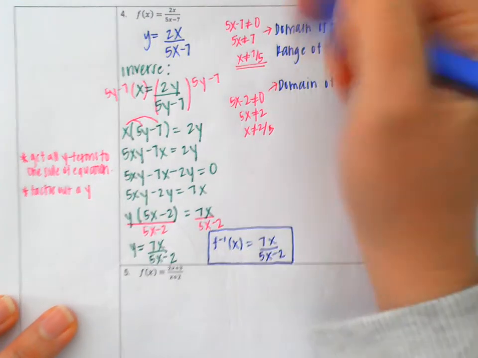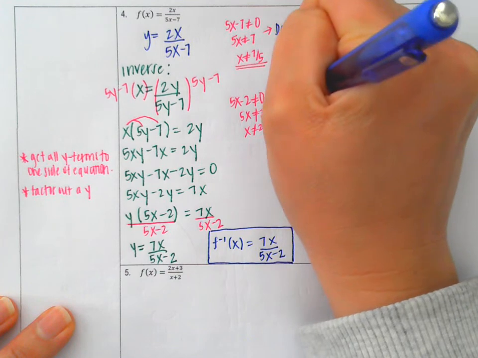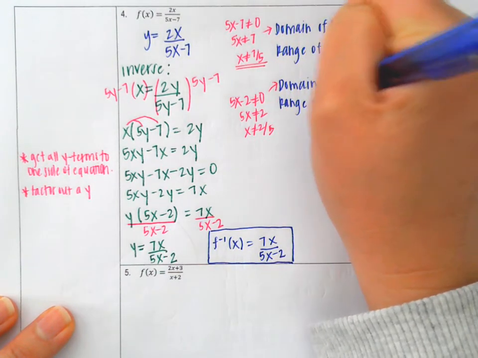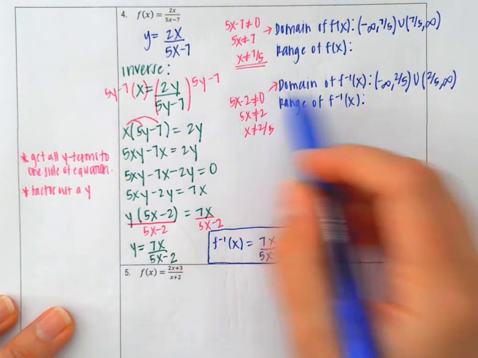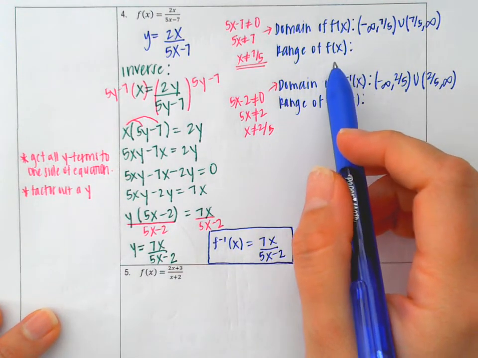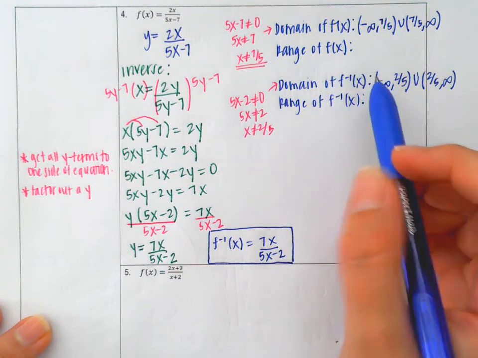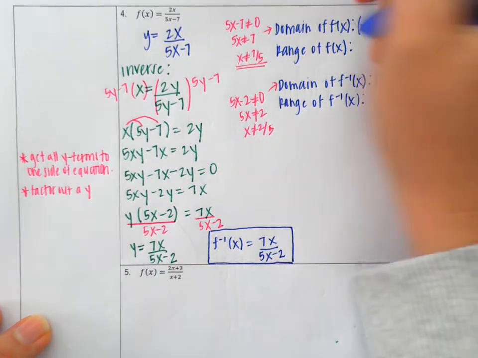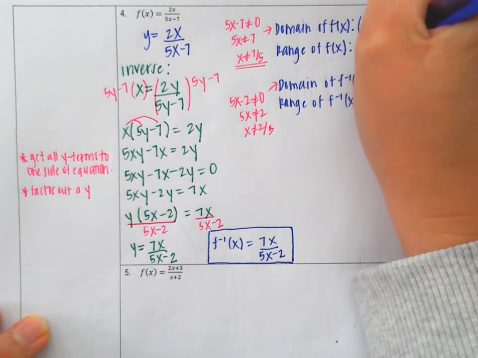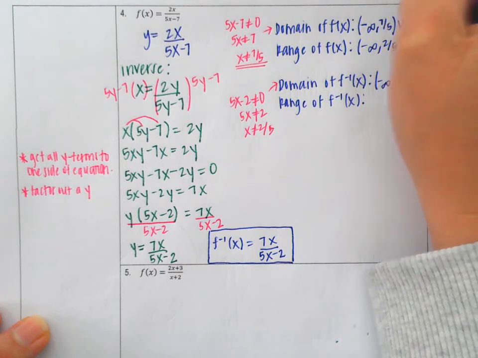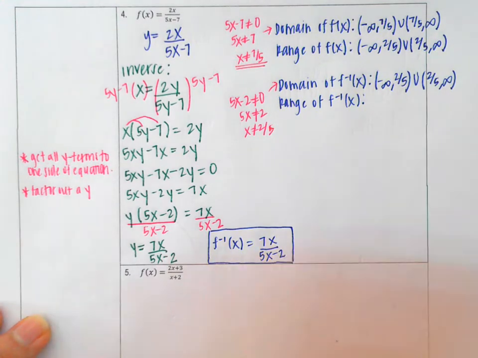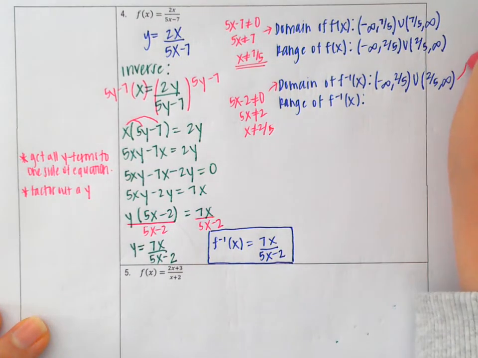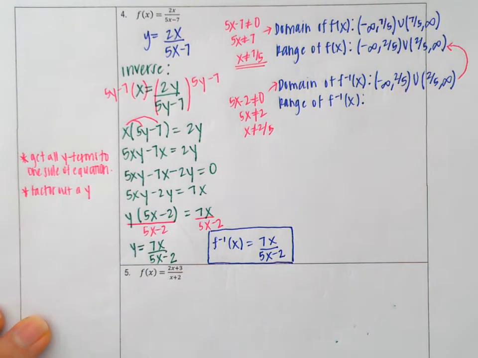So now that we have the domain of both of them, we can find the range of both too. So remember, the domain of the inverse is the range of the original. So if the domain is this, we can just write it there. Negative infinity to 2/5 union 2/5 to infinity. So these always are going to be the same.